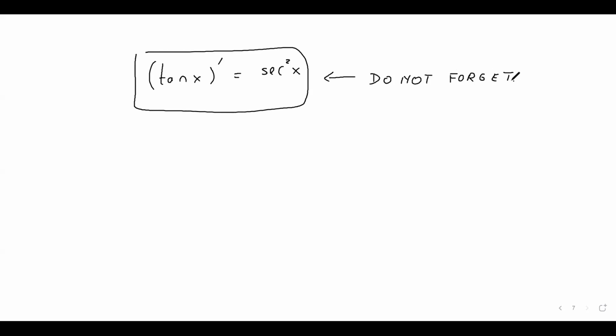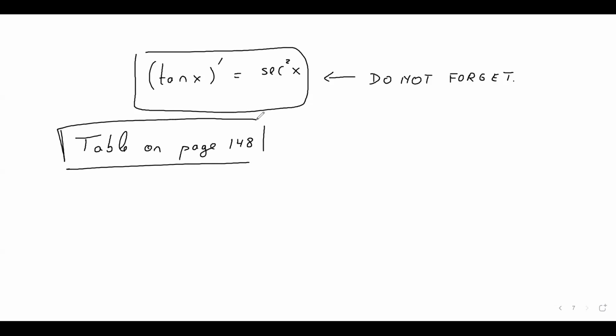And I'm going to point out that there is a nice table in the book. So I'll close my lesson with this comment. There's a table on page 148. And that table gives you the derivatives of the trigonometric functions.